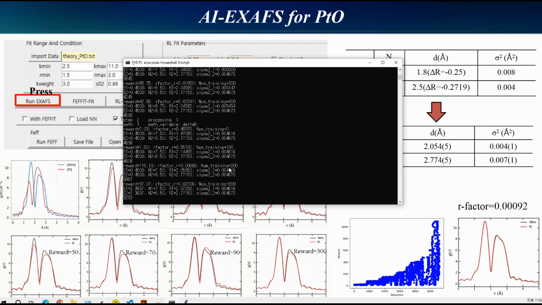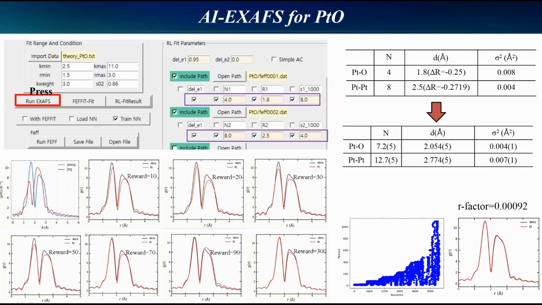Also, the deep RL is finding, look here, 115 and 0.0086 R factor. So the deep RL is now finding like that. This result demonstrates that JAI-EXAFS is a highly effective tool for EXAFS analysis.